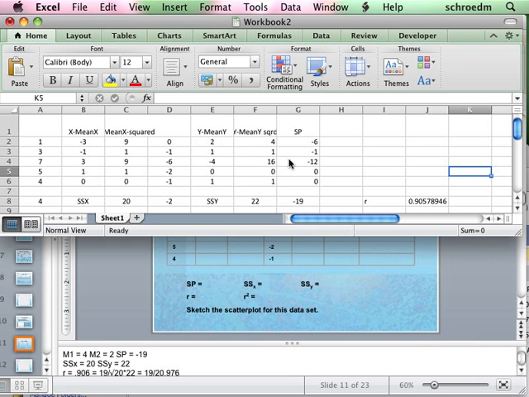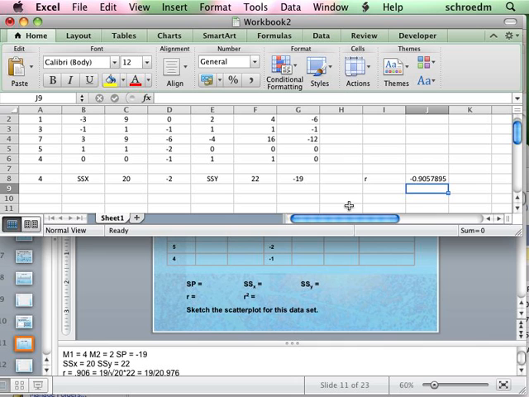And so your sum of squares of x should be 20, sum of squares of y should be 22. Multiply them together, get your 440, take the square root, divide the -19 by the square root of 440, and you should have an r of negative 0.90 or 0.906 or whatever.